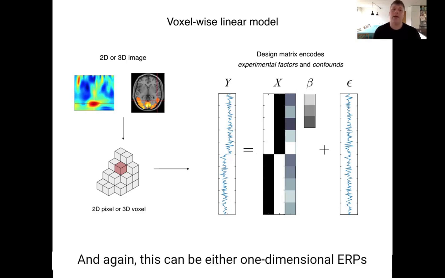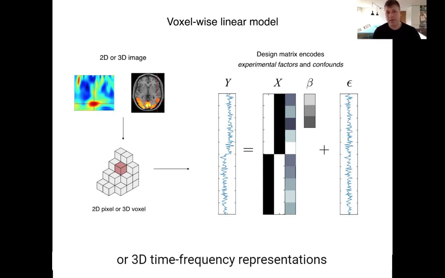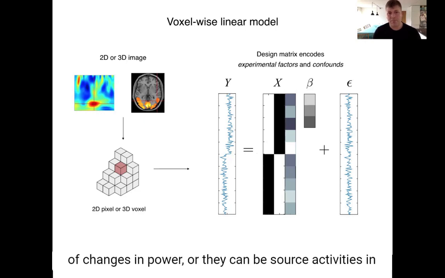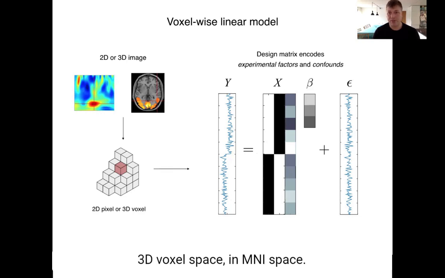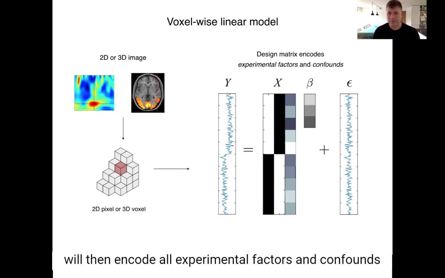These can be either one-dimensional ERPs, or 2D time-frequency representations of changes in power, or source activities in 3D voxel space, in MNI space. And the design matrix X will then encode all experimental factors and confounds.